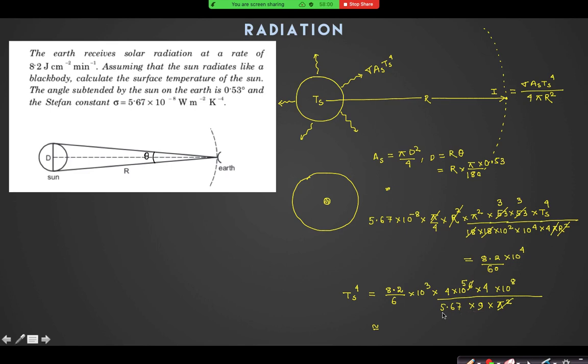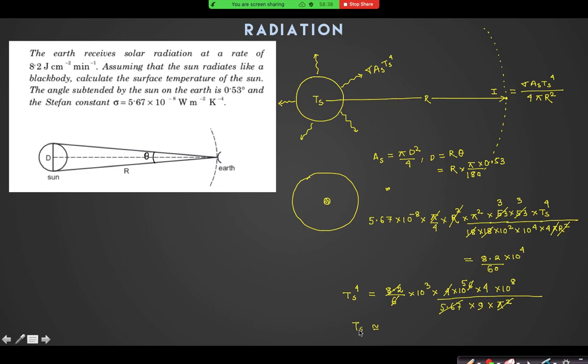And 6 into 5.67, 30, 32, like this, 34. So I can cancel 8.42 into 4 with 6 into 5.67, right? So now we are left with 10 power 16 into 4 by 9.